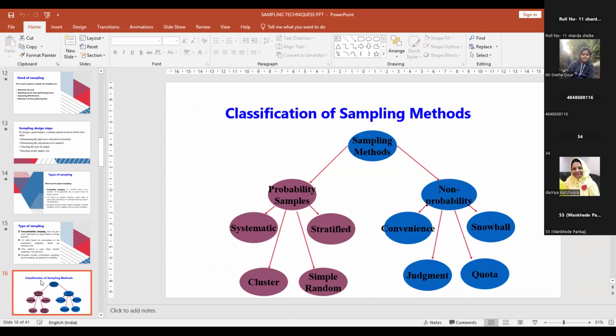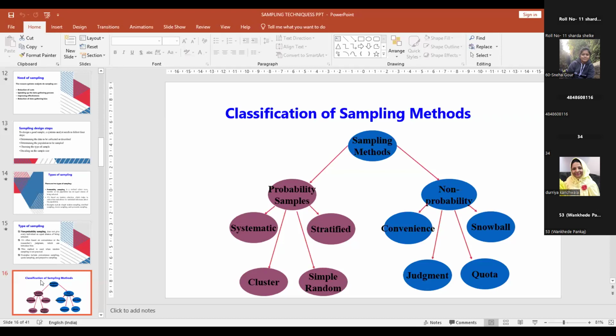And further, we can classify probability sampling into systematic, stratified, cluster, and simple random. These are the basic major types of probability sampling.